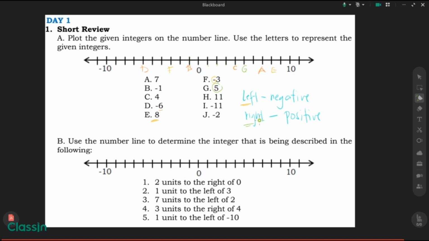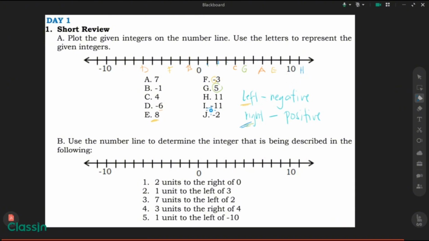Very good. What about the letter H? 11. That is positive, so we need to move to the right, 11 units. So 1, 2, 3, 4, 5, 6, 7, 8, 9, 10, 11. So our letter H will be here.